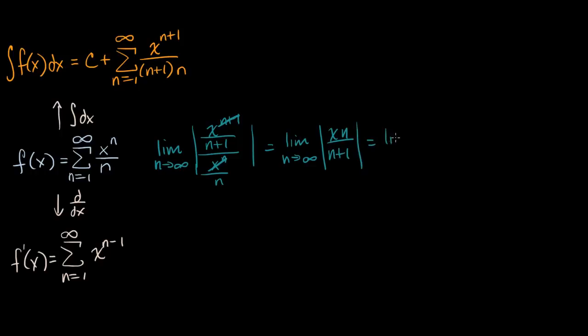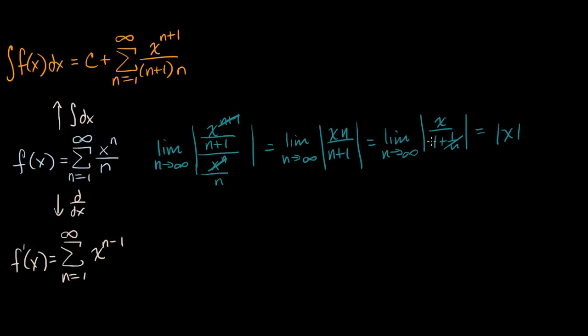And this is equal to the limit as n approaches infinity of, if we divide both the numerator and the denominator by n, x over 1 plus 1 over n. And what is this going to be? Well, this term's going to go to 0. So this is just going to be equal to the absolute value of x.